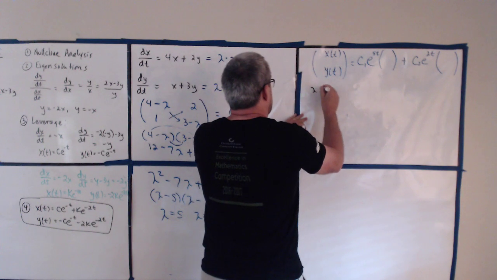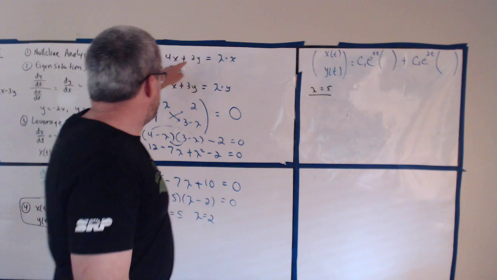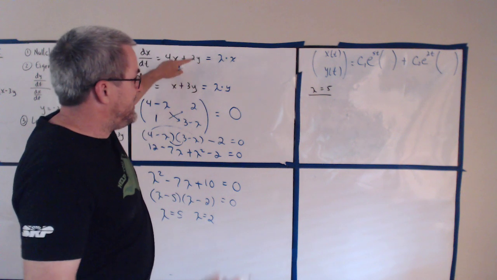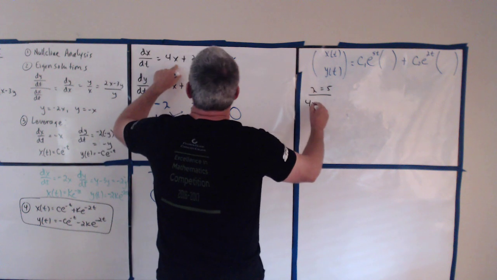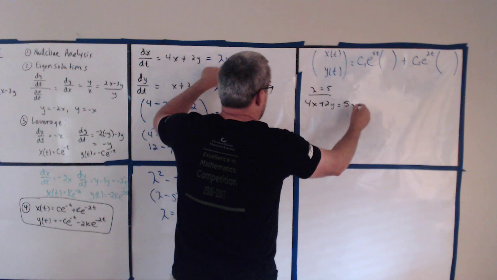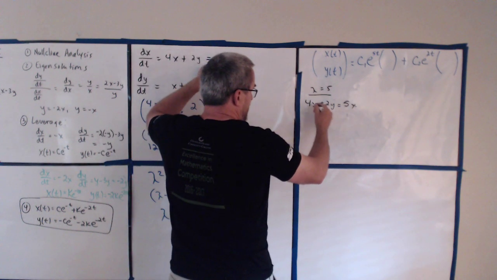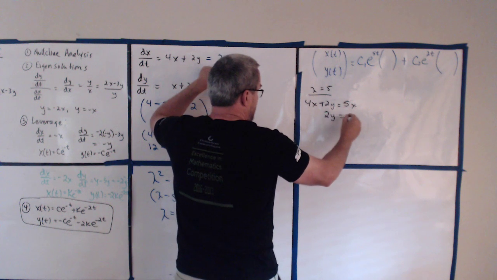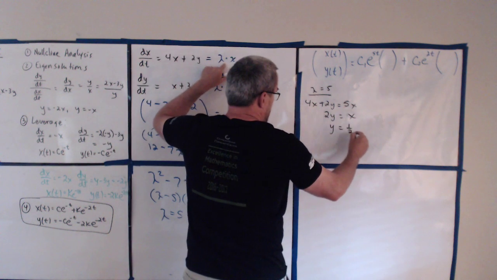Suppose we consider lambda equals 5. If lambda equals 5, then we can come back here. It doesn't matter which. In fact, I'll show you that it doesn't matter which. And we can now say that 4x plus 2y is equal to lambda x. Therefore, let's subtract 4x from both sides. Let's divide both sides by 2.